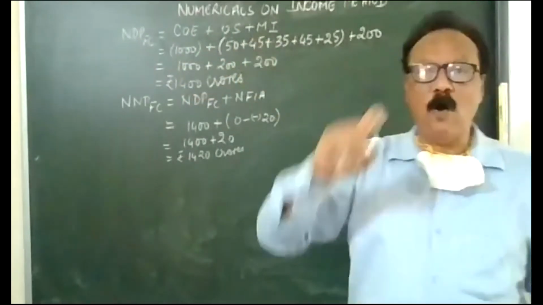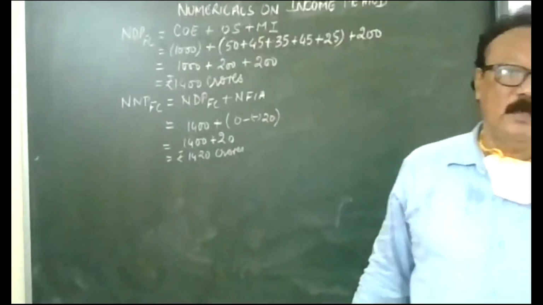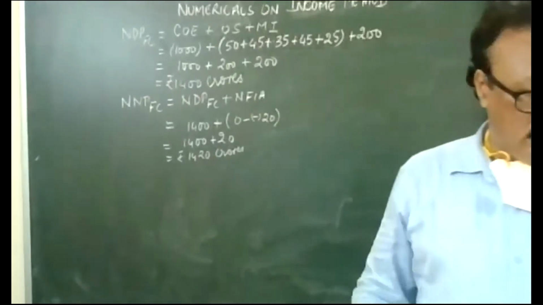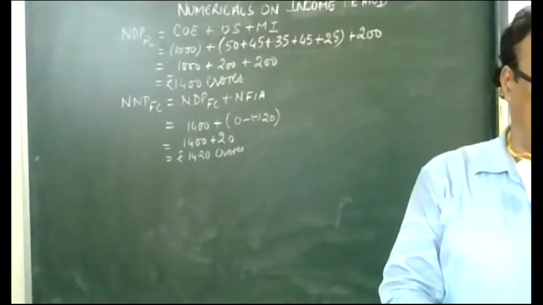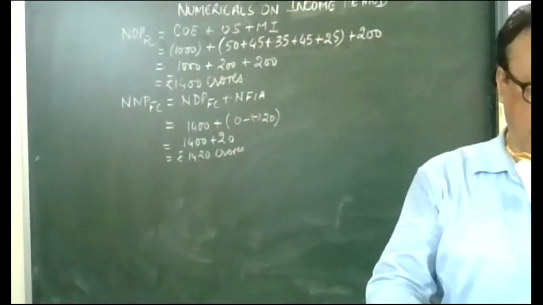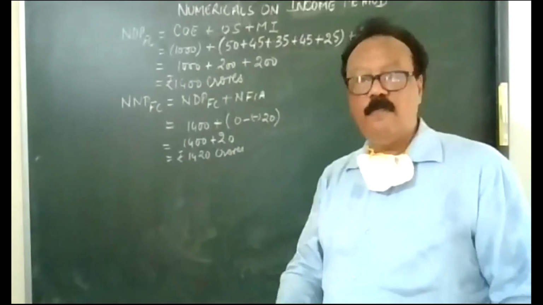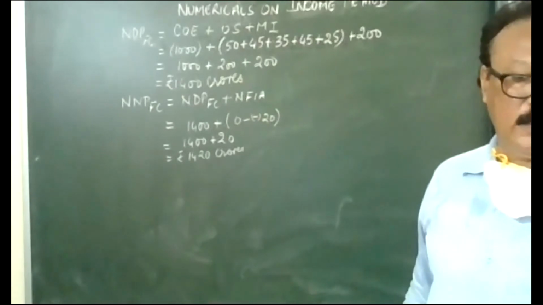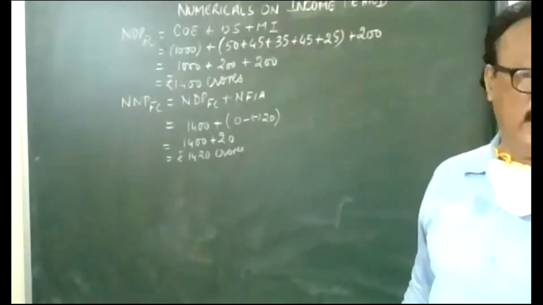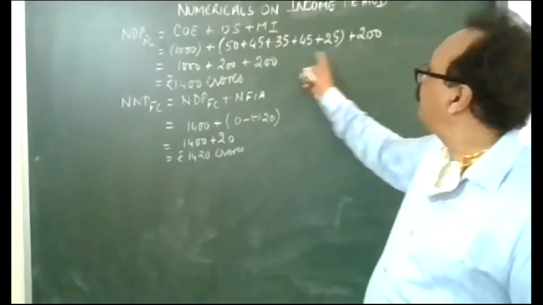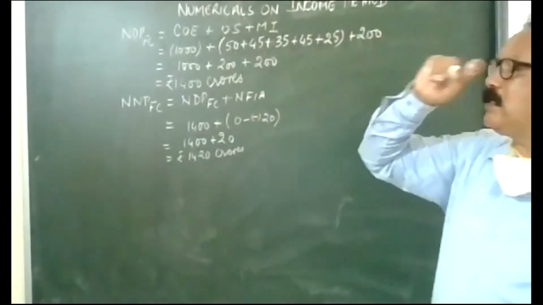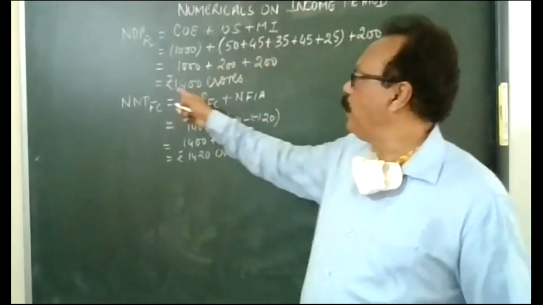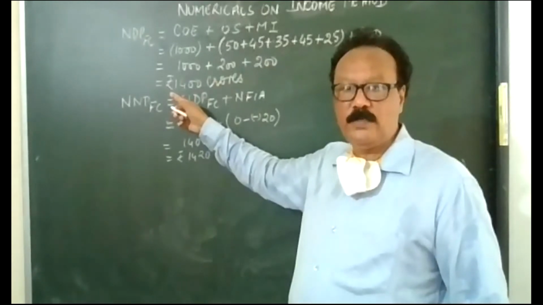Then operating surplus: rent 50, interest 45, undistributed profits 35, dividends 45, and corporation tax 25. All these will come under the heading OS. Next, mixed income is given as 200. Total them up to get your domestic income, NDP at factor cost.